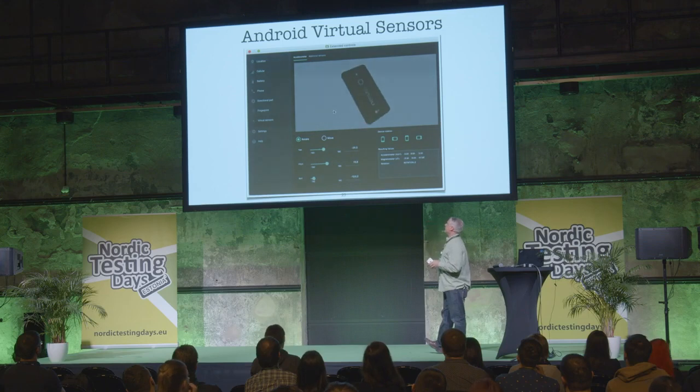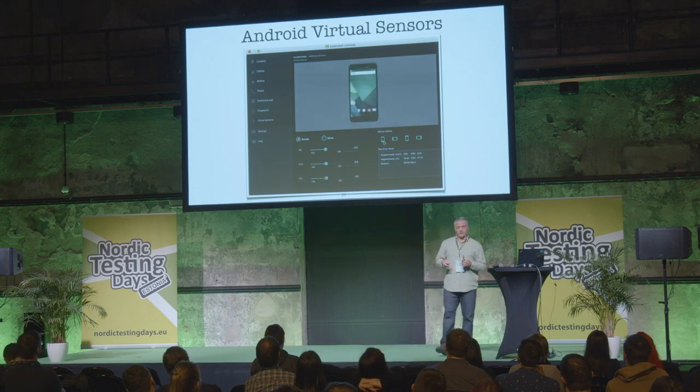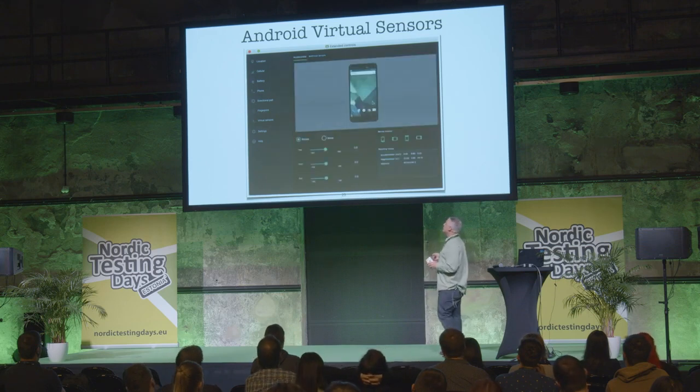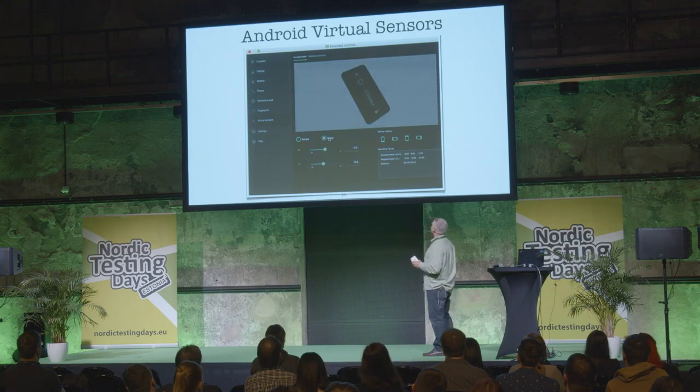So luckily, we have extended controls for sensor events on the Android emulator now, which is great because this is exactly what we need to control our virtual reality application. So as you can see, you could twist it around, do whatever you need to do with it, and it's changing its values every time you do it.